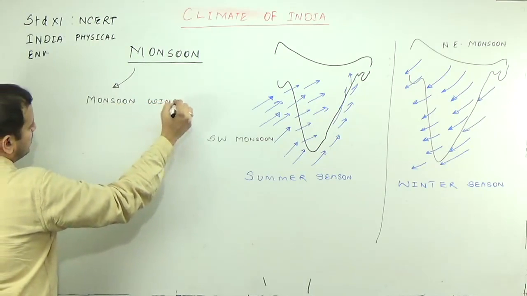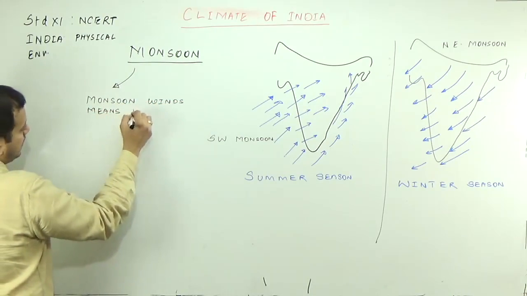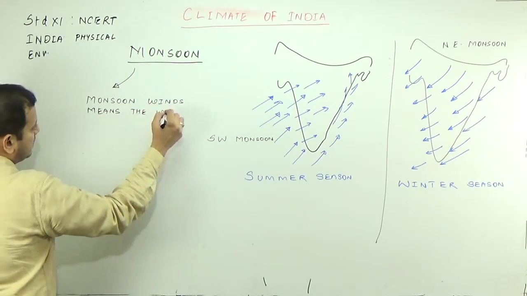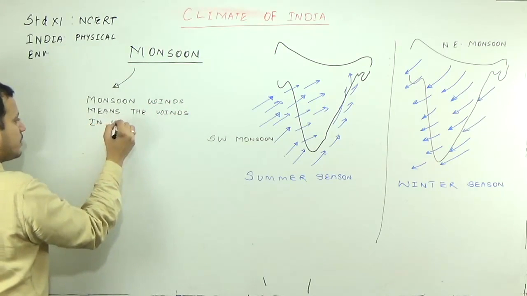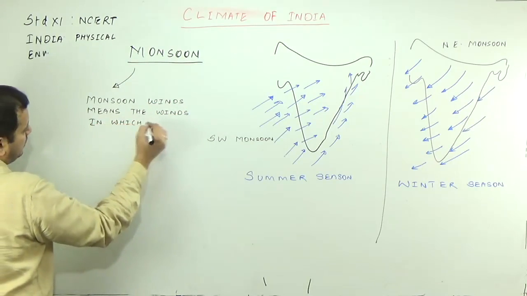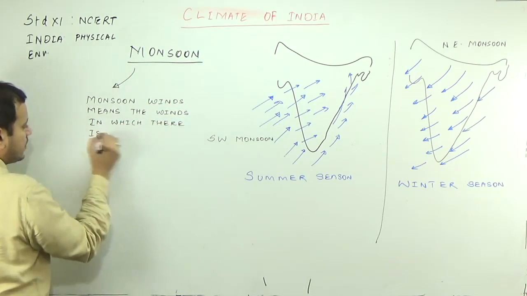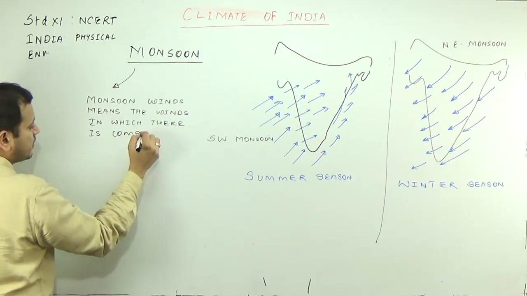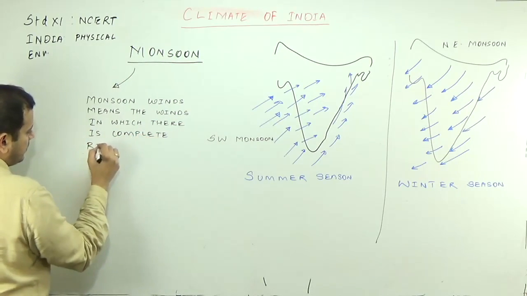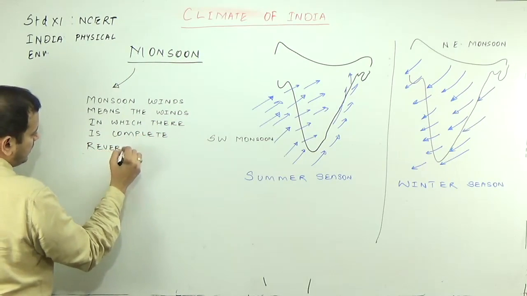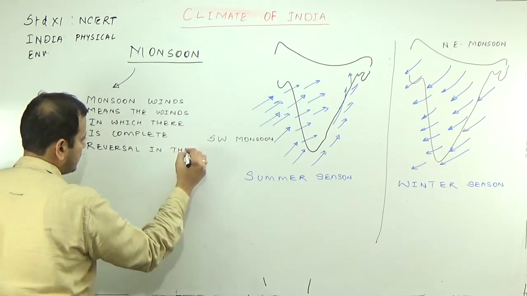So monsoon climate means, monsoon winds means the winds in which there is complete reversal in the direction of the wind.